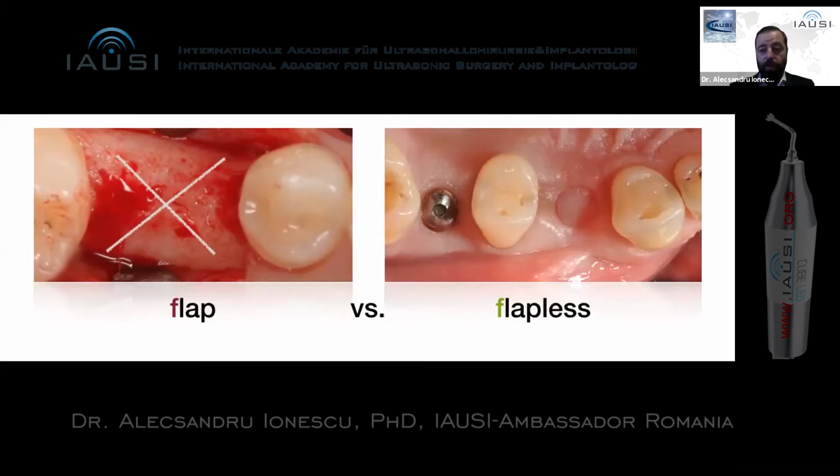Of course, it was quite difficult 14 years ago when we started with the flapless approach because we didn't have the digital guides, and also we needed to have a very good knowledge of the anatomy and the 3D situation of the patient.